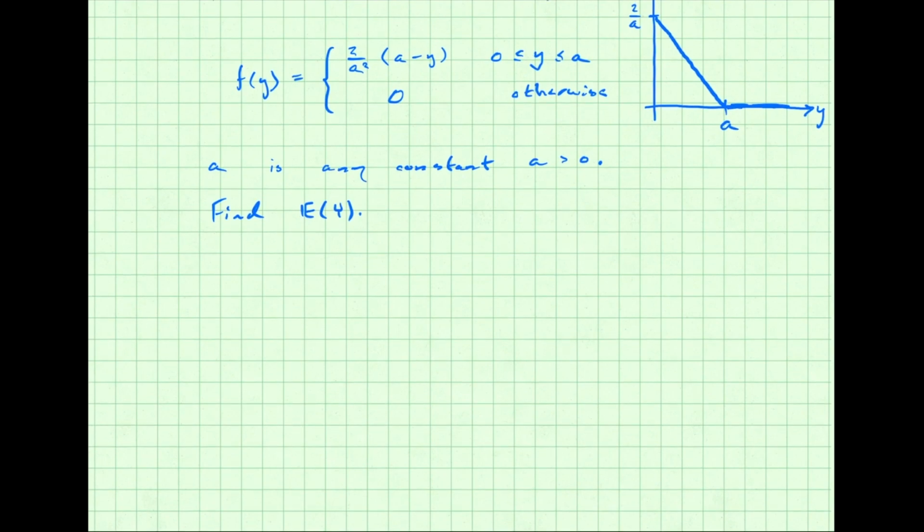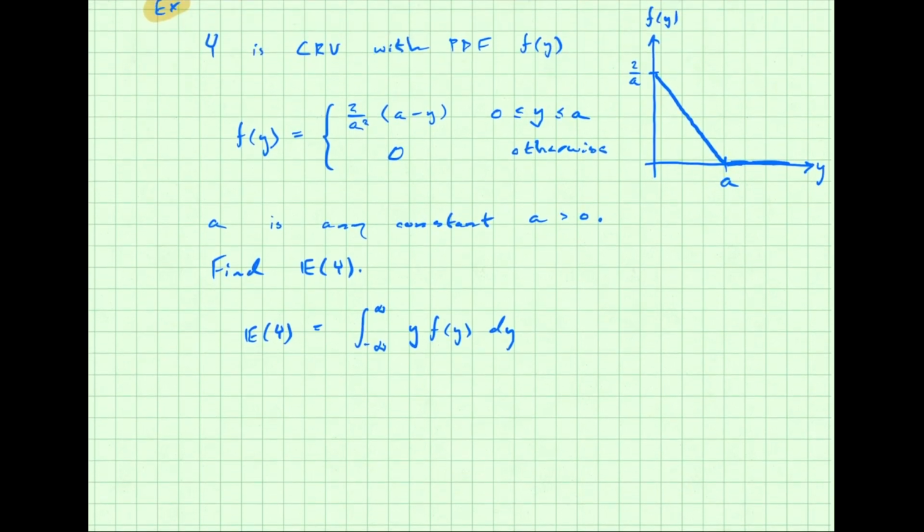All right, so let's go ahead and do the calculation. The expected value of y is, as we said, the integral from minus infinity to infinity of f of y dy. Oops, I skipped a thing. It's that thing times y. And you might say, you don't have to go from minus infinity to infinity.